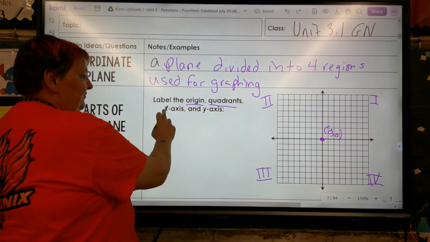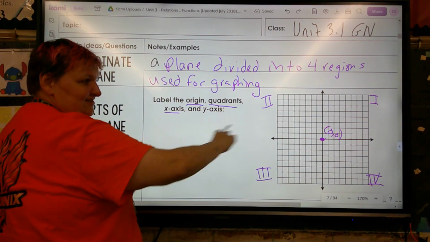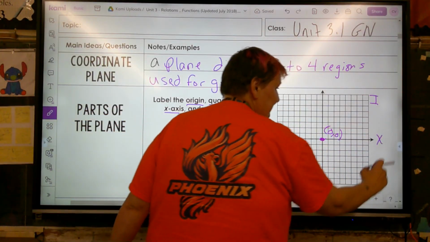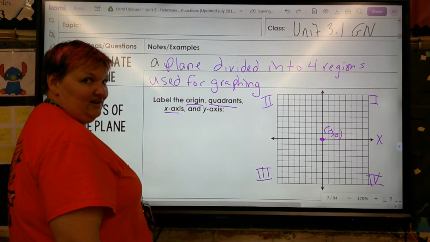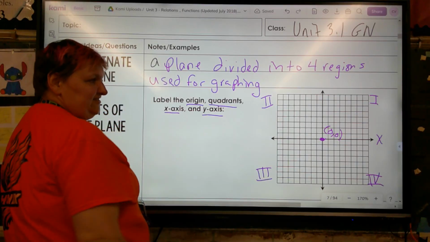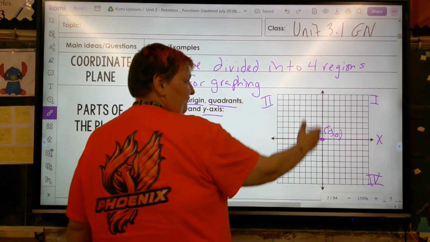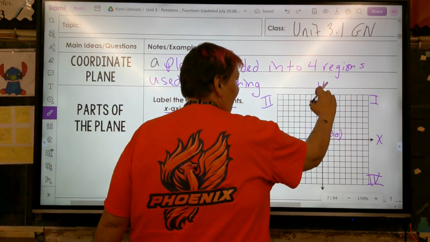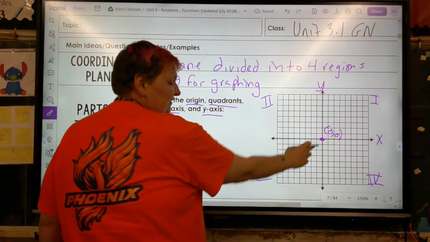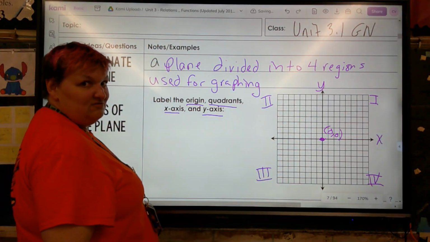You need to be able to label the x-axis. The x is your horizontal line. This is your x. X is horizontal. And your y-axis. Your y-axis is your vertical. This is your y-axis. So you need to be able to tell me the origin is in the middle. 0, 0.